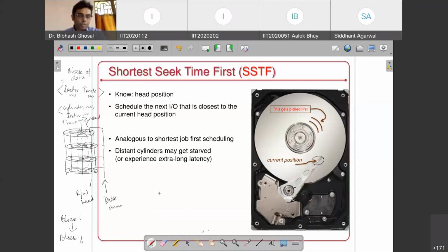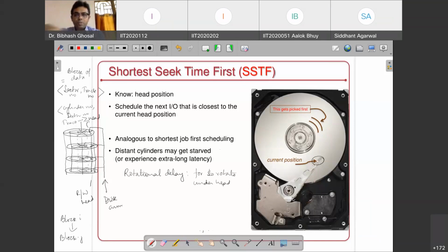What is the second one? Well, the second one is the rotational motion. So we have a rotational delay. And what is this rotational delay? It is the amount of time for the block to rotate under the head.